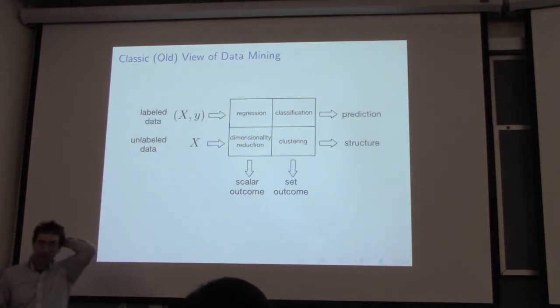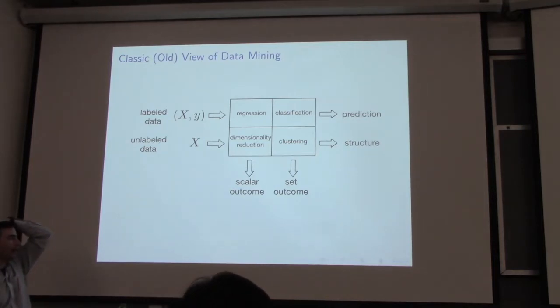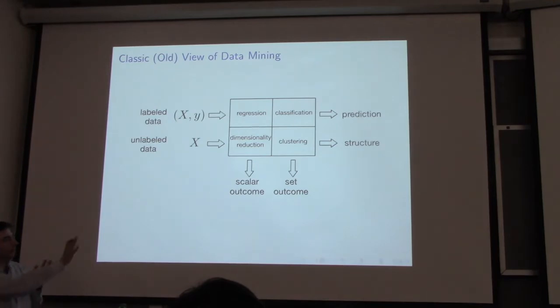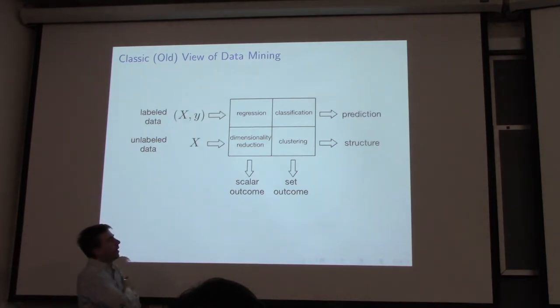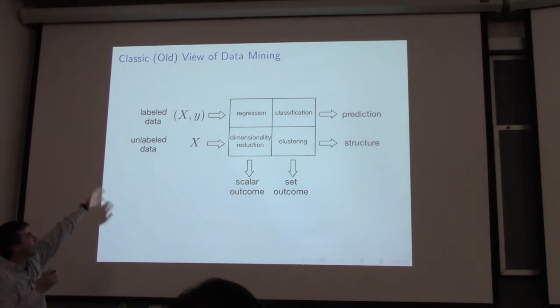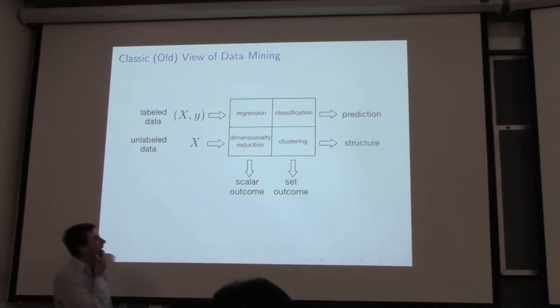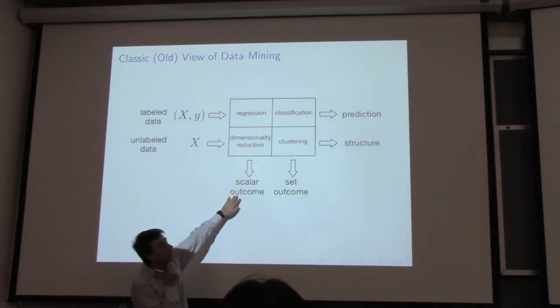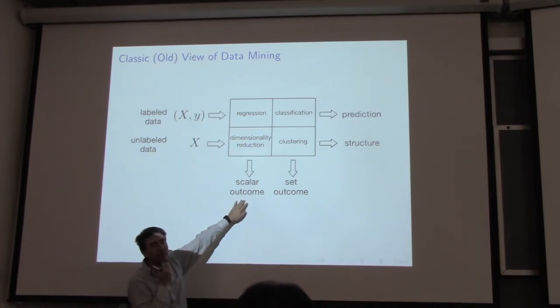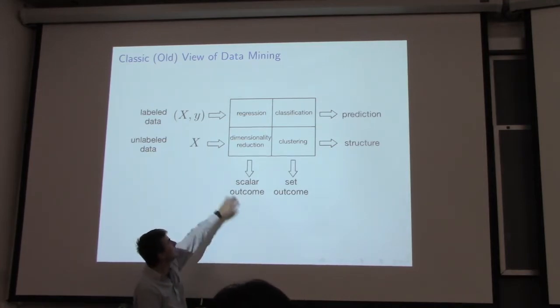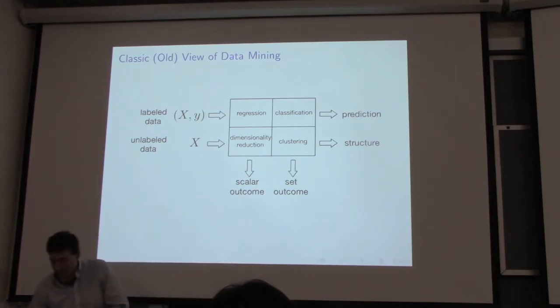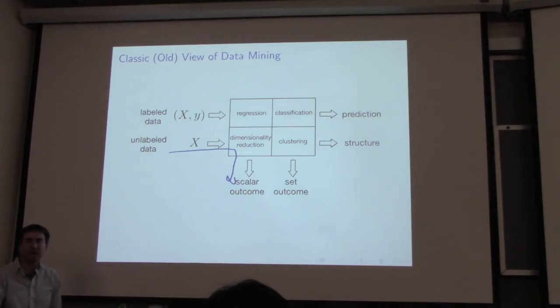All right, so an old view of data mining and machine learning is this specific structure, where you either just have unlabeled data and you want to make sense of it. If you're trying to realize every data point as some scalar, some continuous value, then this would be dimensionality reduction.